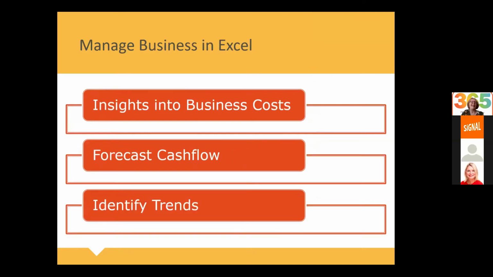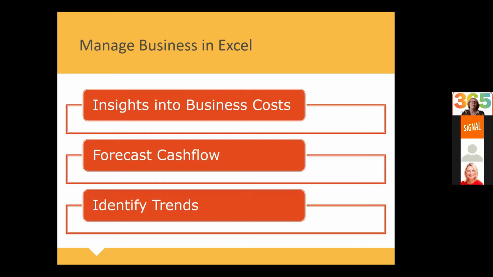So I'm going to split this talk this morning into three little sections. One, have you got an insight into your business costs? Two, do you forecast your cash flow, which at the moment is more important? It's always important, but it's very important now. And three, do you identify trends? Now, that is a little bit tricky at the moment, but still something that we need to consider in the business.